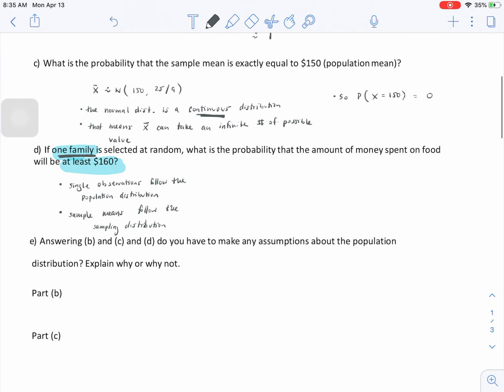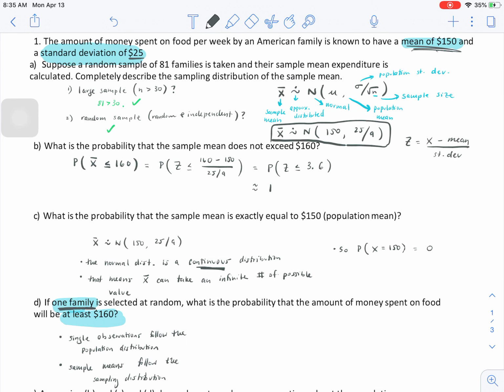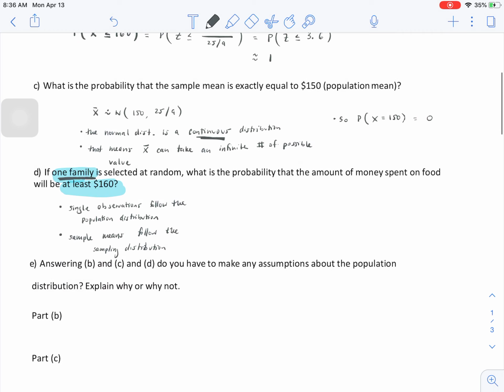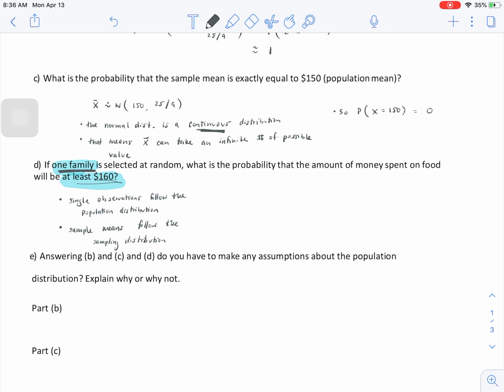As a reminder, what's the population distribution? Let's scroll up and see. So we were told that the population distribution has a mean of 150 and a standard deviation of 25. We don't know if it's normal or not. Now, to calculate this probability, we have to assume that the population distribution is normal.